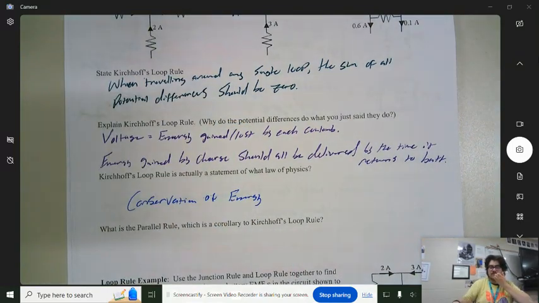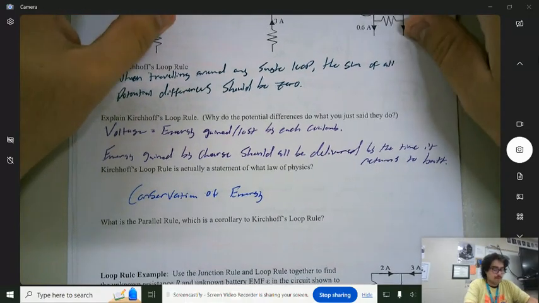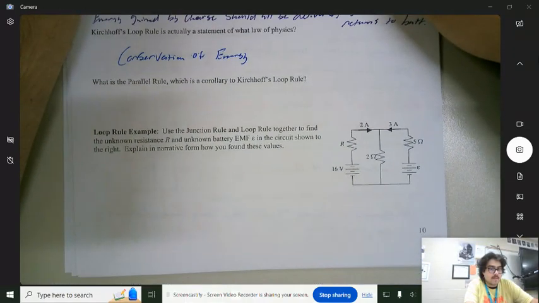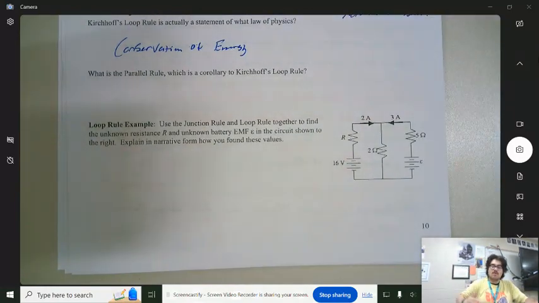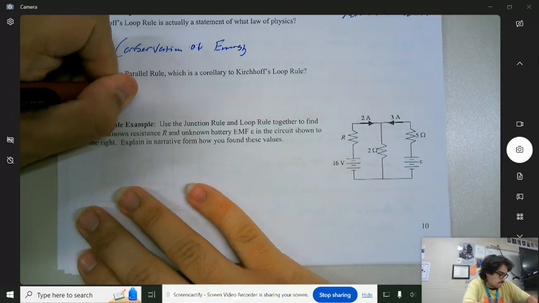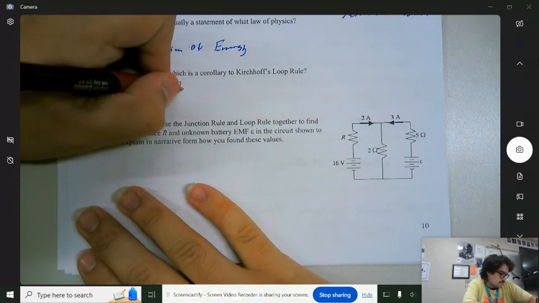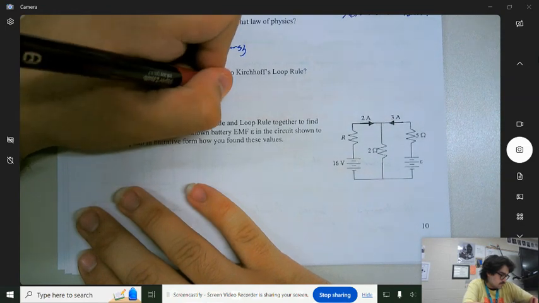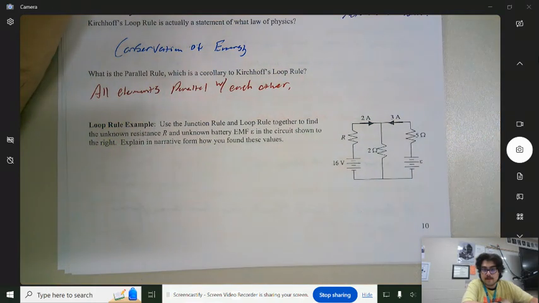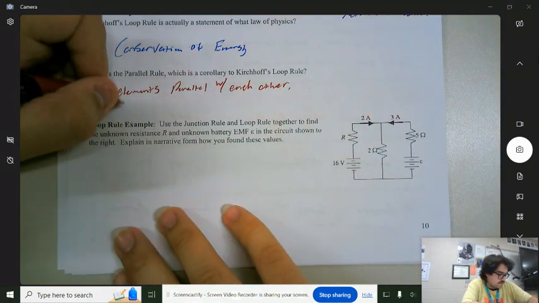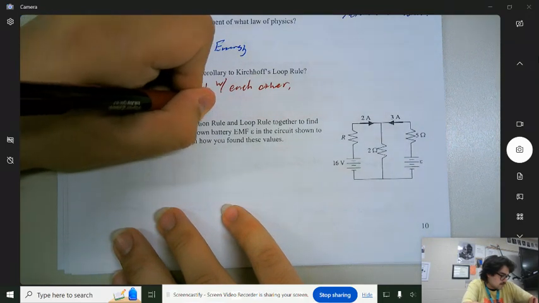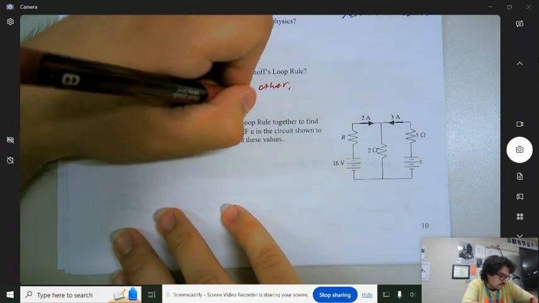Okay, conservation of energy. And finally, we're going to talk about the parallel rule, which is related to the loop rule. The parallel rule states that all elements that are parallel with each other have the same voltage at the same time.